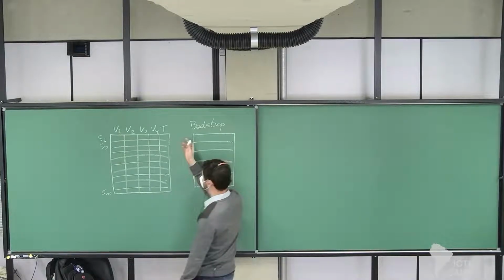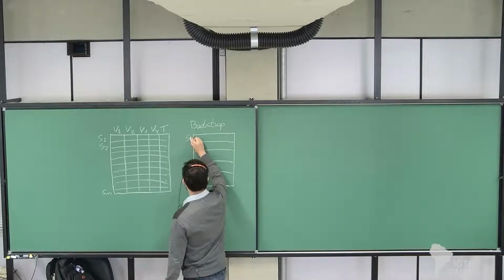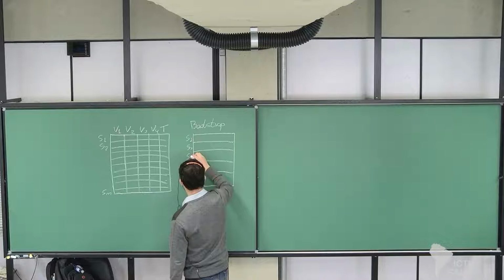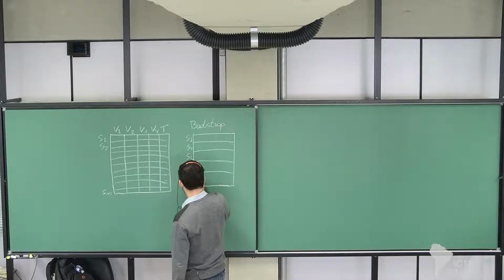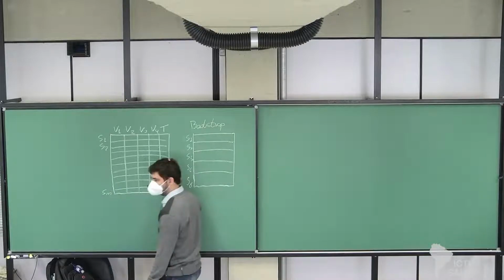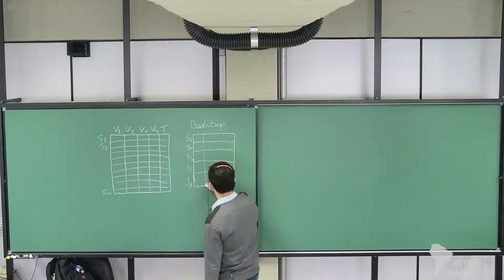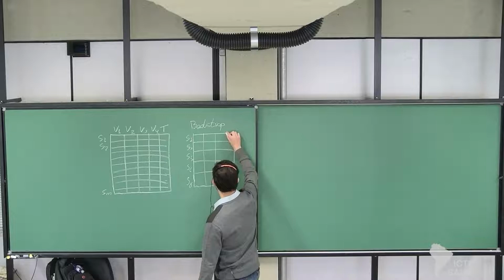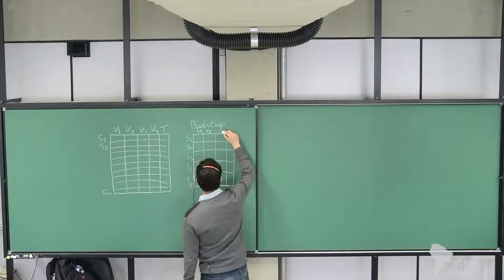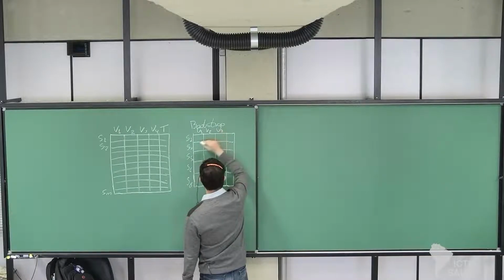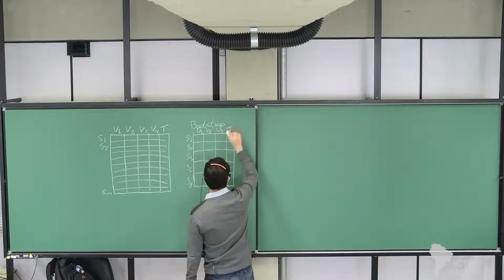So let's say I get here sample 1, sample 3, I don't know, sample 5, sample 6, and sample 8. So this is the out-of-bag sample. And let's suppose I get all the variables here, or maybe only 3 variables and the target here.